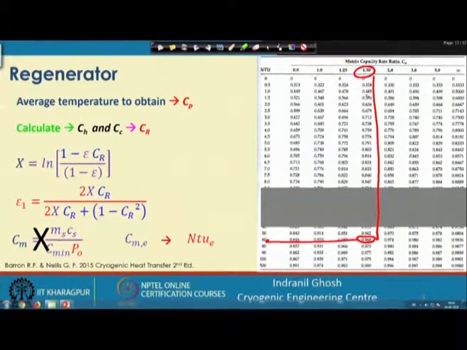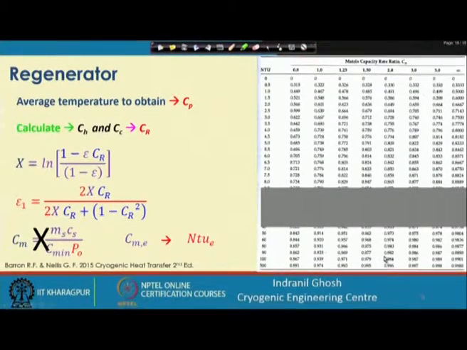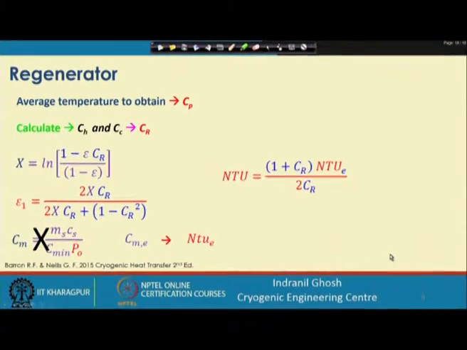So, depending on the value of this epsilon 1 that has been obtained and the assumption of CM, we would be able to get some equivalent NTU. Once we know that equivalent NTU value, we would be able to calculate the NTU based on this relation.